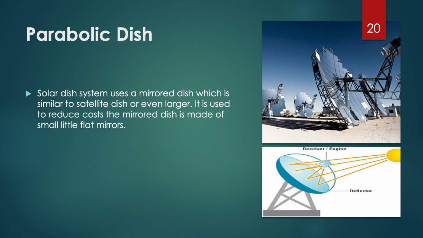The parabolic dish is the most expensive system and the least mature concentrating solar thermal collector. The operating temperature of the system is over 1800 K. The ratio is between 1000 and 5000.